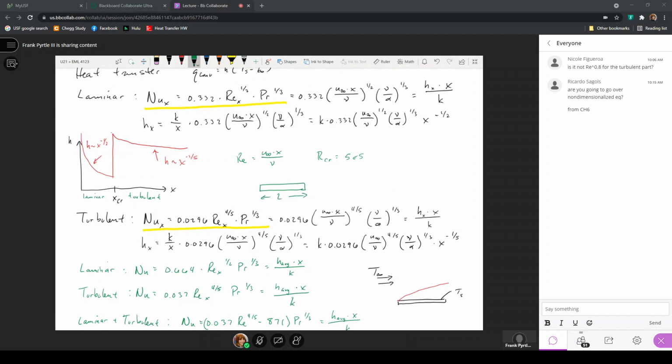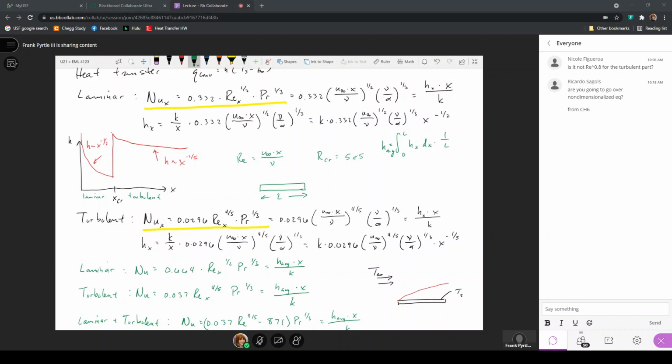If you wanted to more directly calculate the average heat transfer coefficient, I could integrate h as a function of x. The average heat transfer coefficient is the integral from 0 to L of h_x dx times 1 over L. Here's the local heat transfer coefficient, and this is how you get the average.